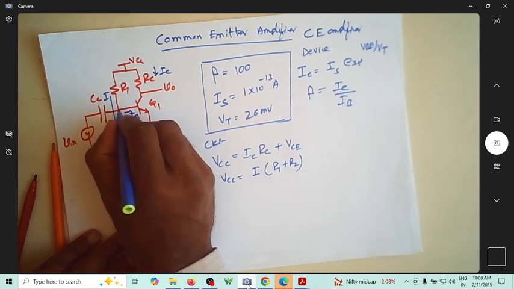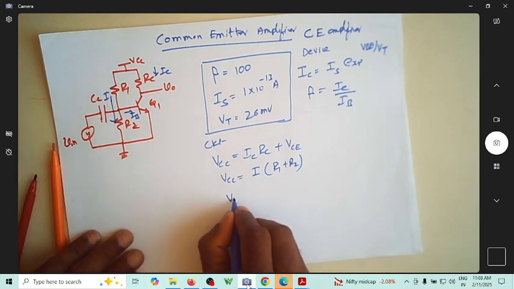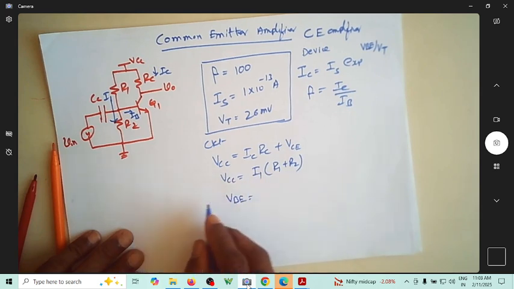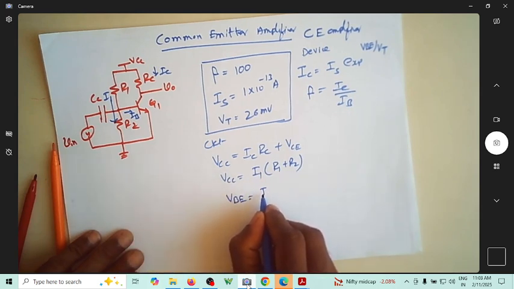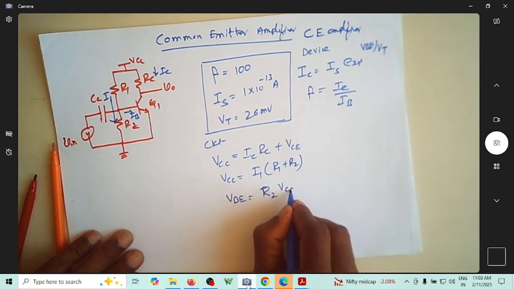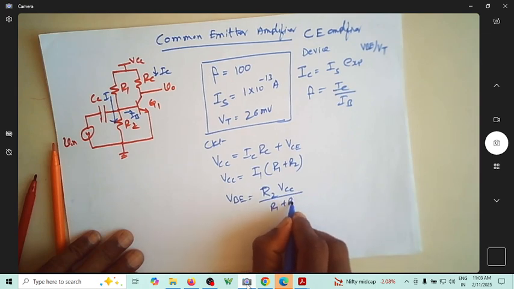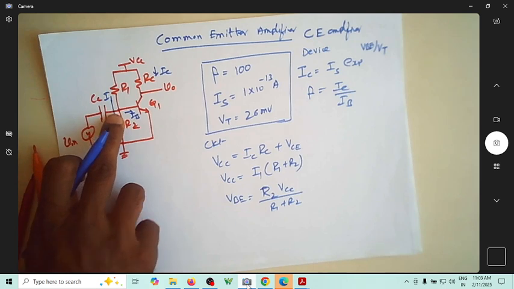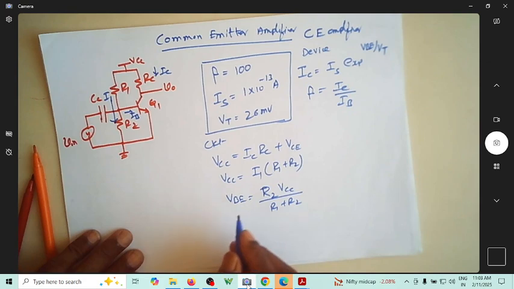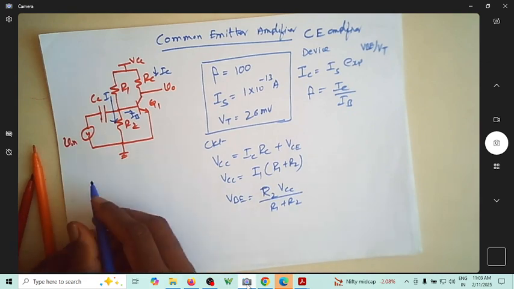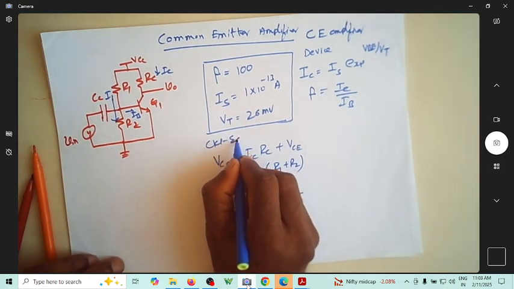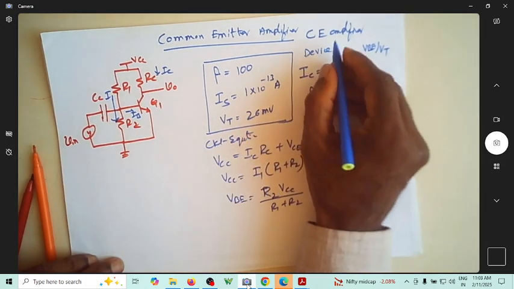And the voltage at VB is nothing but R2 into VCC by R1 plus R2. So this is the voltage between this and ground. VB is VCC into R2 by R1 plus R2. So these are the circuit equations, and those were the device equations.